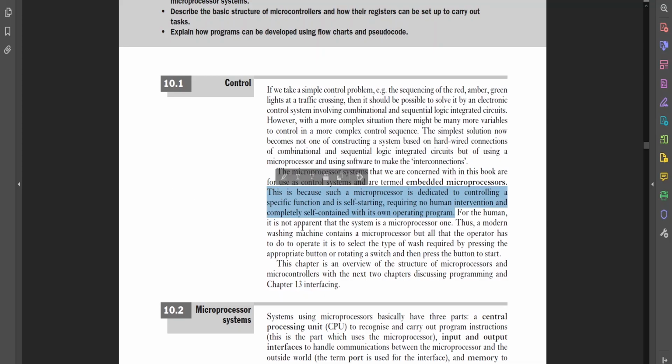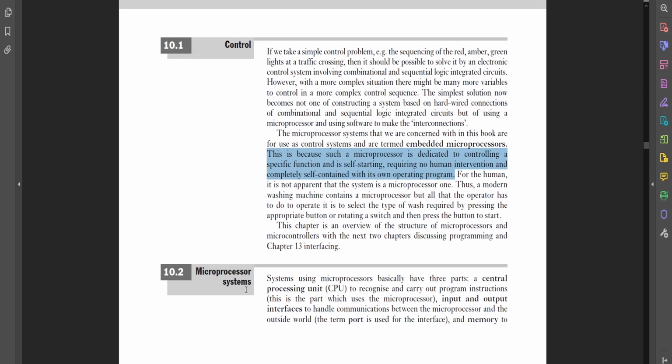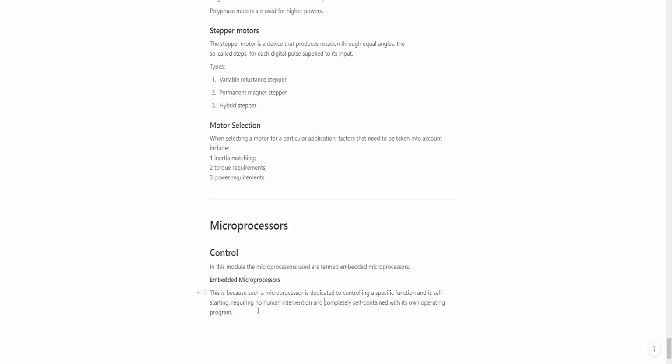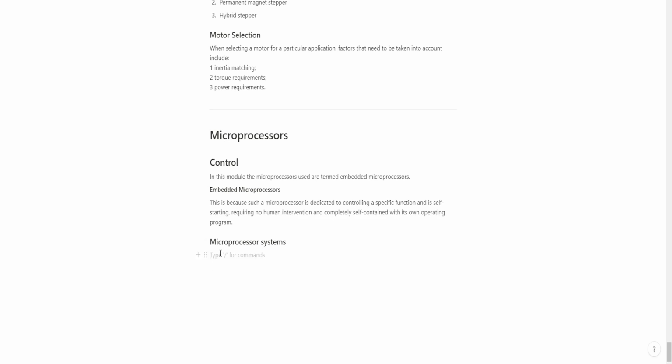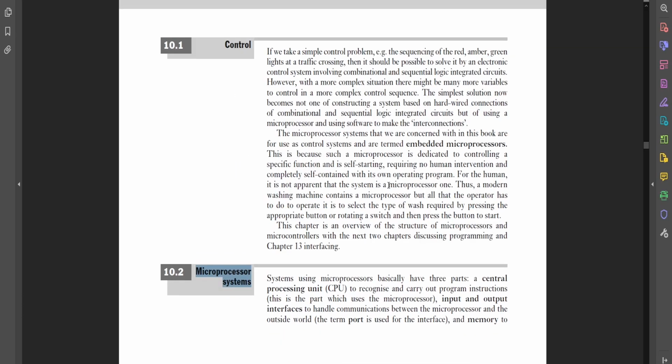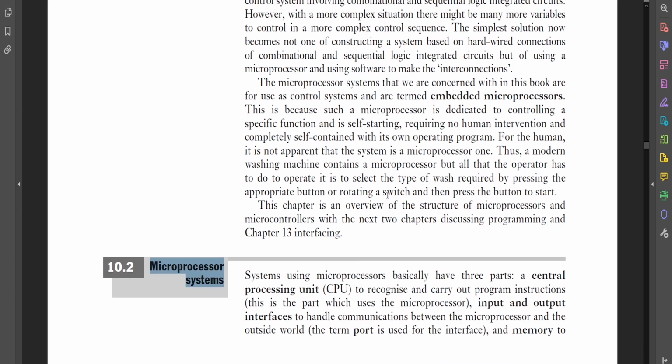All right, so let's go on to microprocessor systems. As I mentioned, we're skimming through, so if you haven't watched the last 2 videos, I'm not reading the whole paragraph. Systems using microprocessors basically have 3 parts: a central processing unit, CPU, input and output interfaces, and memory.